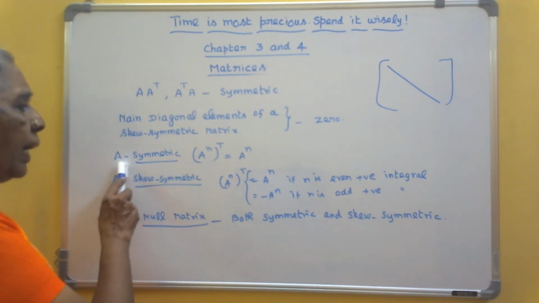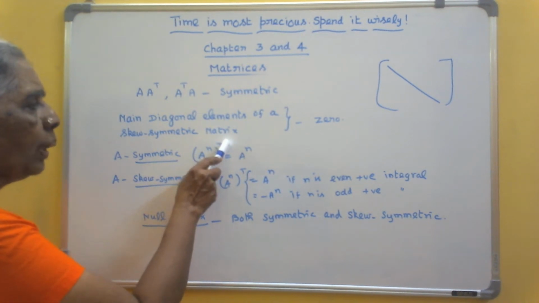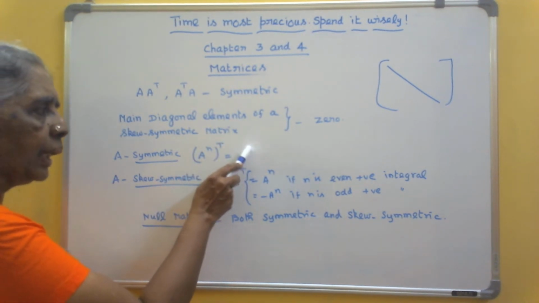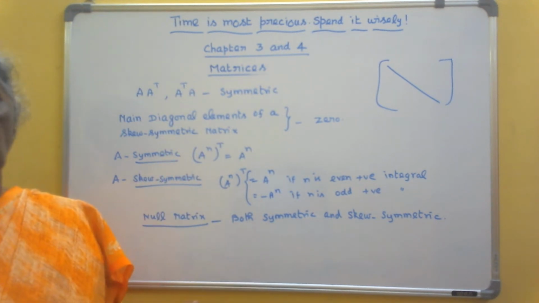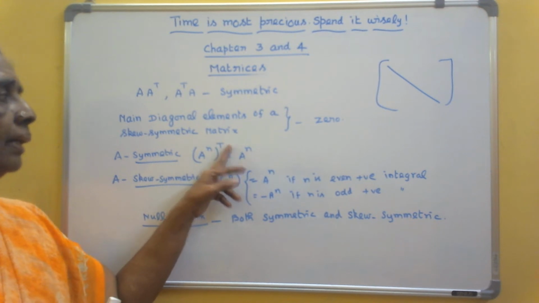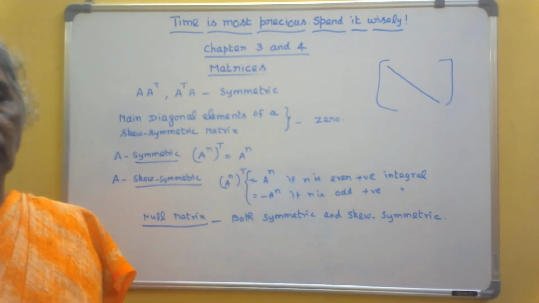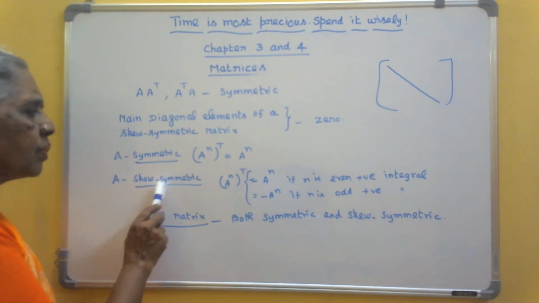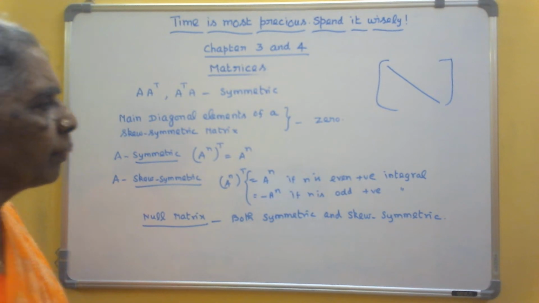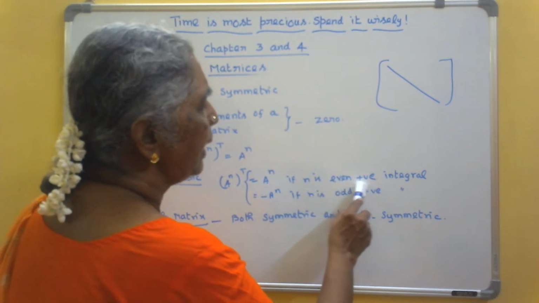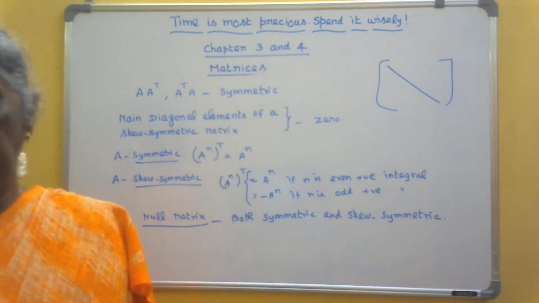Then, if A is symmetric, then (A^n)^T will be equal to A^n, because you know A^T is equal to A. If A is skew symmetric, there are two cases. If n is an even positive integer, it will be equal to A^n.